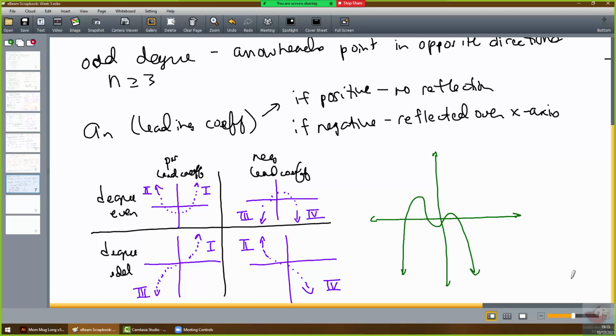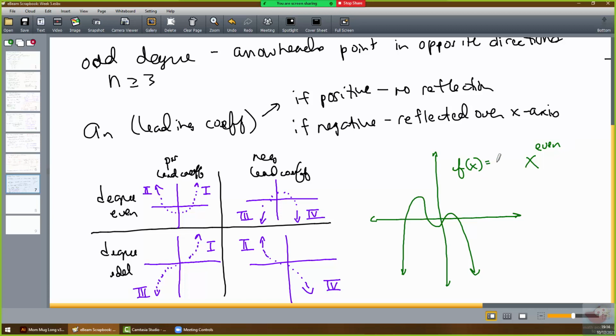Tell me about the degree. The degree has to be even, because the arrowheads point in the same direction. Good. Tell me about the leading coefficient. The leading coefficient has to be negative.